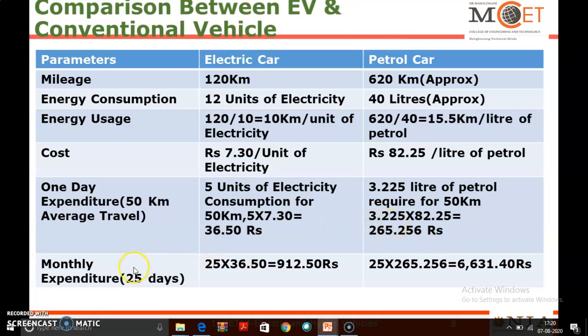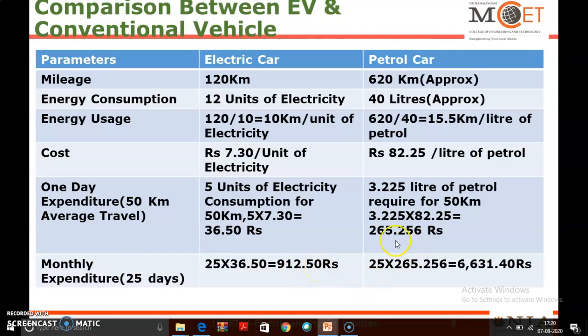Now if we take the monthly expense, if we go to a job for 25 days, we know the 1 day expense of 50 kilometer average travel for both the electric car and the petrol car. In the electric car, the 1 day expense is 36.50 rupees. For 25 days, 25 into 36.50 gives 912.50 rupees.